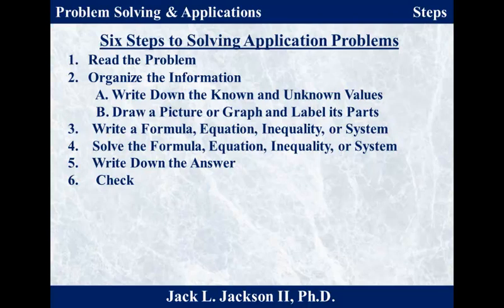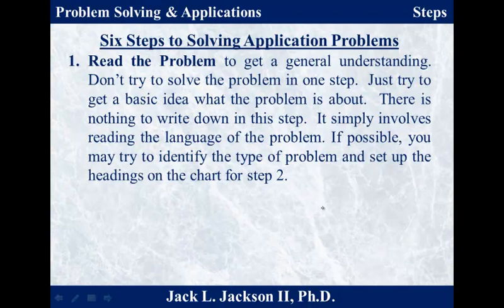And then, step 4, solve the formula, equation, or inequality, or system. Perhaps make a table in there, might be part of that. And then you'll want to write down your answer. And then check your answer. So let's talk about each of these steps in a little more detail.